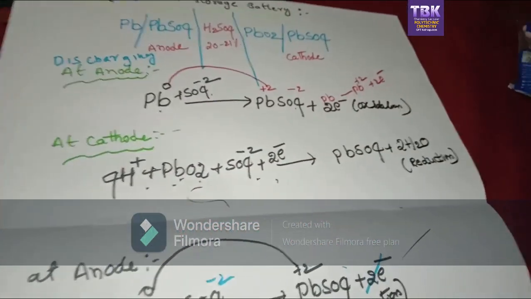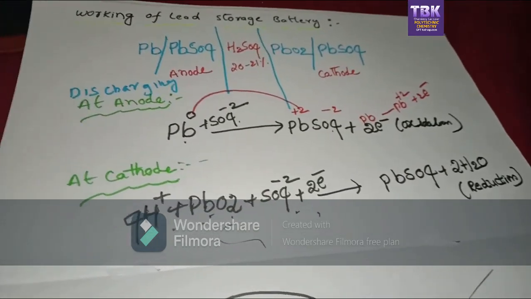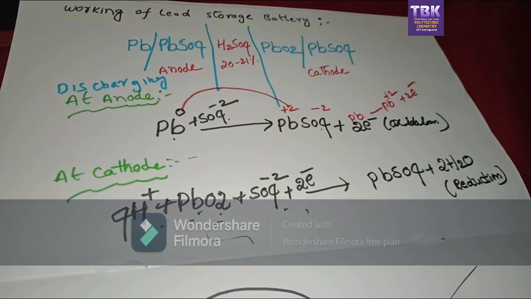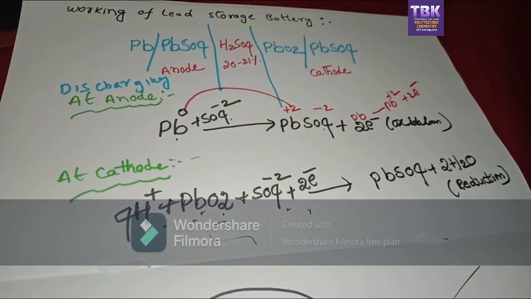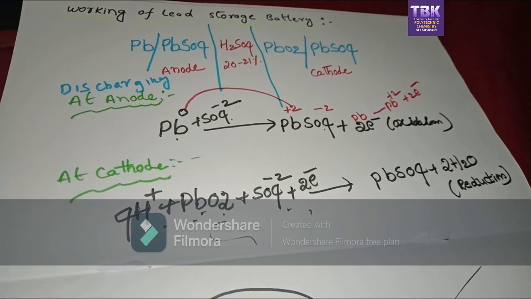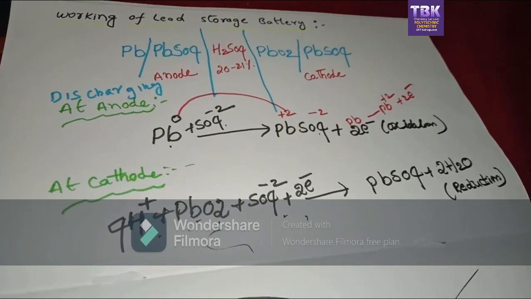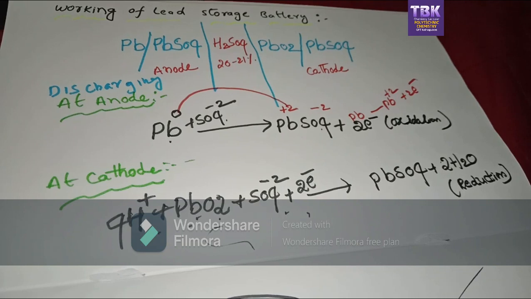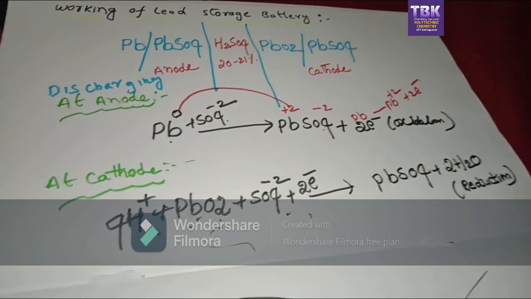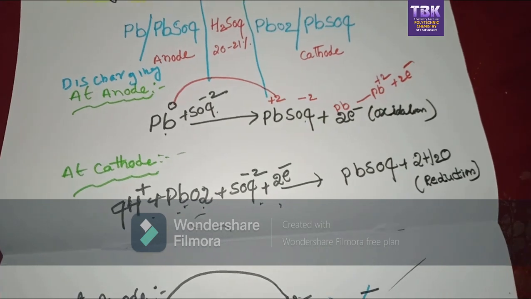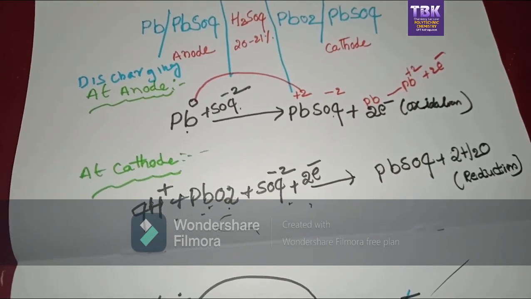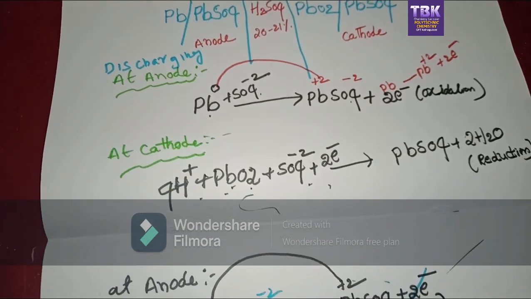In this recharging process, anode acts as a cathode, cathode acts as anode. In recharge process, the cell can be charged by passing electrical current, then reactions are reversed.